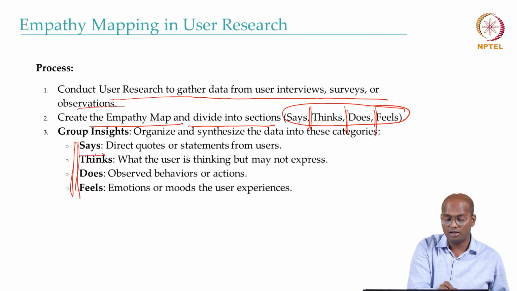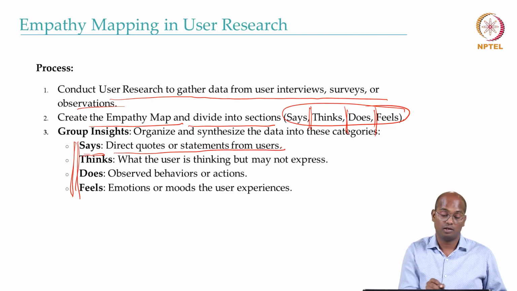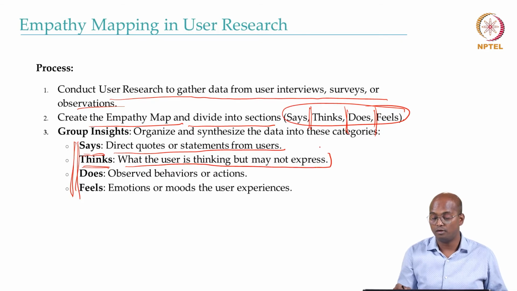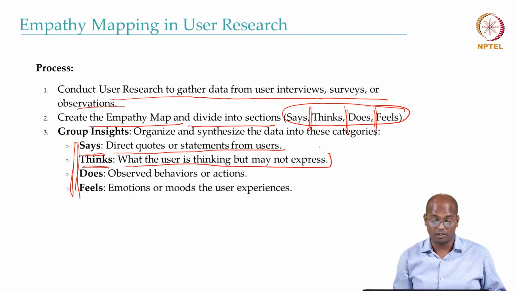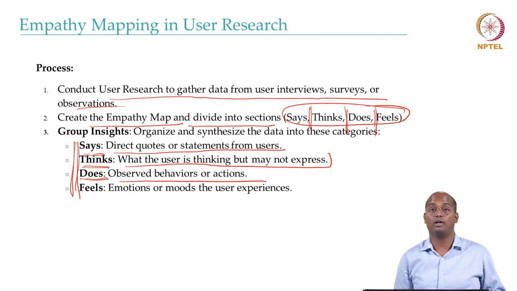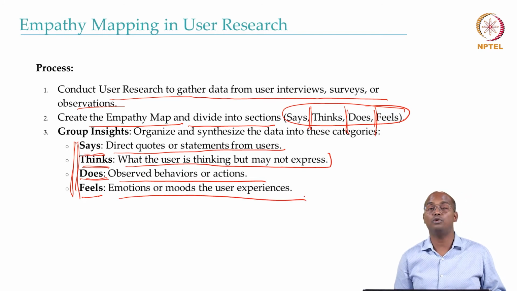So says primarily focuses on direct quotes or statements from the user. Thinks is more about what the user is thinking but may not express. Does is primarily about observed behavior or actions. And finally, feels is about the emotions and the mood the user experiences.